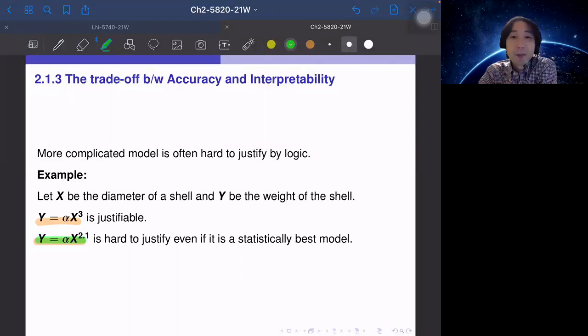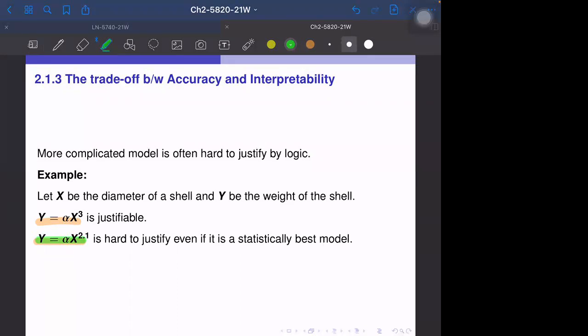Actually, this doesn't work. Maybe you can just speak up. So what do you think? Which is better, x to the 2.1 power or the 3rd power? Suppose the first one, x to the 2.1, has smaller training error.